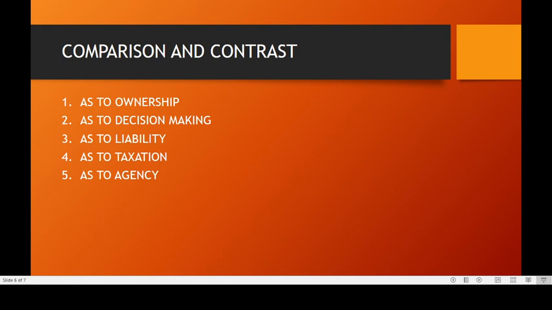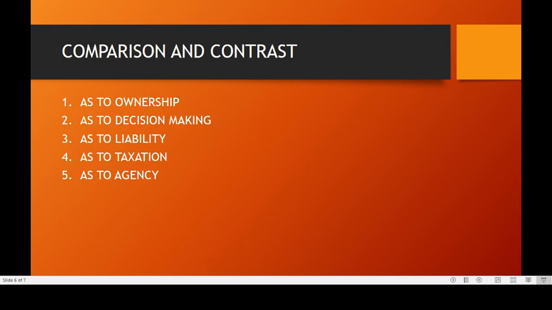As to partnership, all partners are considered agent of the partnership, while on corporation, wala pong agency na makikita on the part of the shareholders, because the agent of the corporation are the board of directors, the president, the chief executive officer are the most common agent of the corporation. Okay? So yun yung dun po natin isa-summarize yung comparison and contrast of the different business organization.